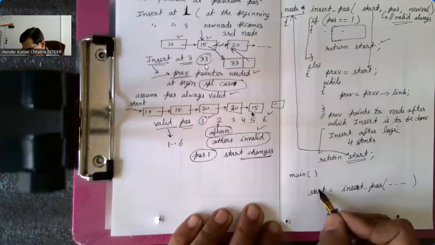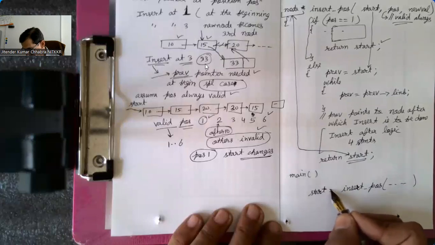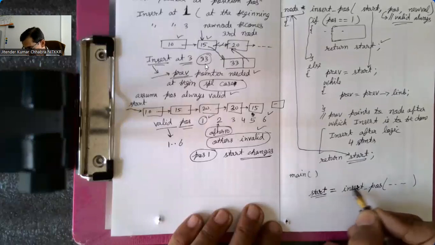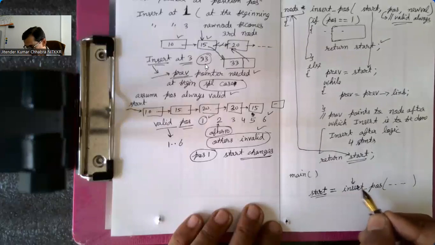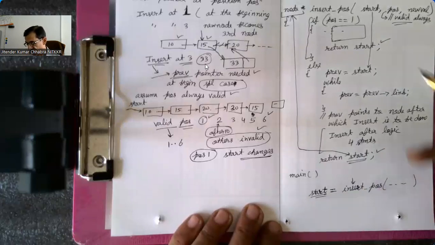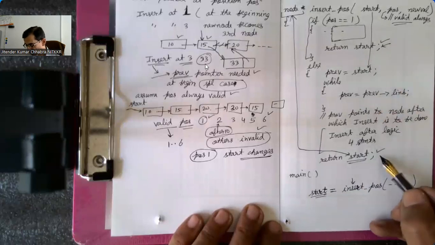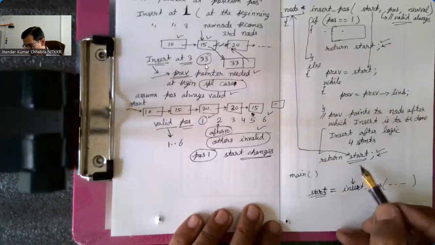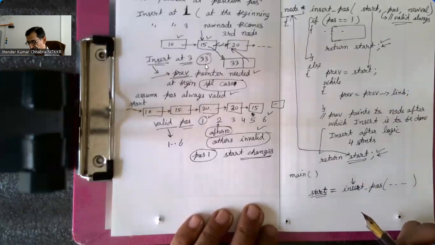But it is always being assigned to some variable start. Hence, every call of this function must return even if start has not changed. So this is a must. In this case, it changed the start. In this case, unchanged the start, but return must be there.